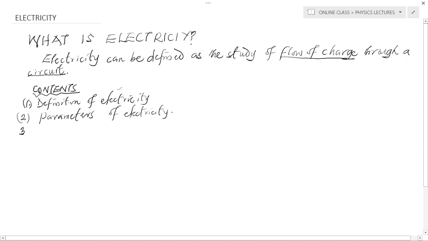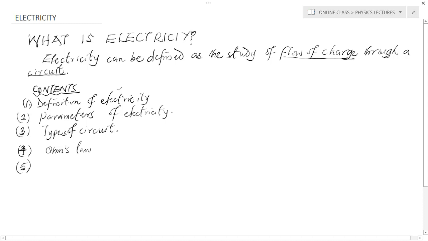Number three is types of circuit. Number four is to discuss Ohm's law.